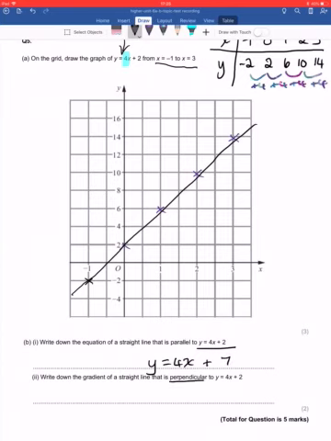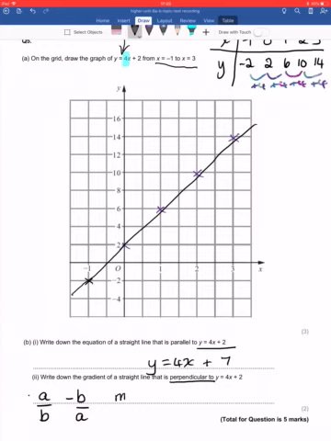Right, perpendicular. When two lines are perpendicular to each other, if one of the gradients is a over b, the other one is going to be b over a, and the opposite sign. So they are the reciprocal and the opposite sign. So we've got y equals 4x plus 2.